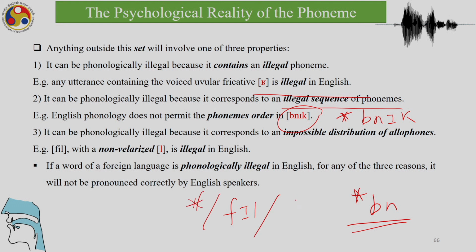Because in English, whenever there is a surface form with a final l, it has to always be velarized, and it has to be fill. If a word of a foreign language is phonologically illegal for any of the three reasons, it will not be pronounced correctly by English speakers.